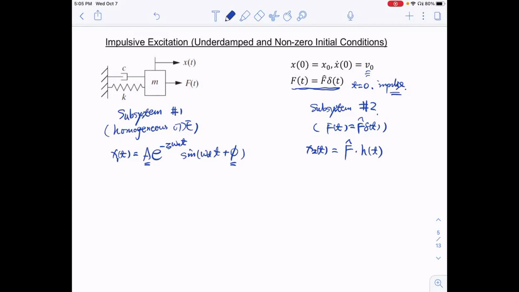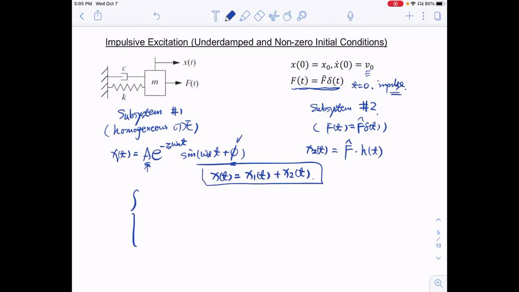Then there are two options. We already know that your x(t) is x1(t) plus x2(t) from superposition. But let's recall that your A and phi in your x1(t) are still to be determined.